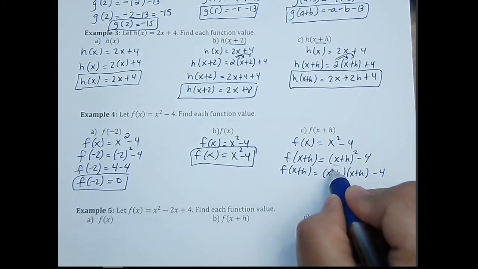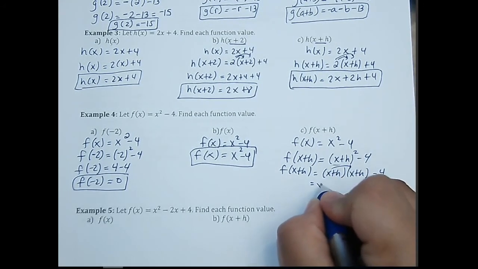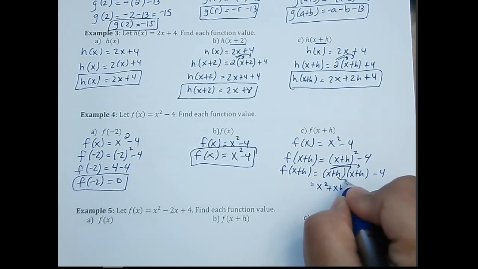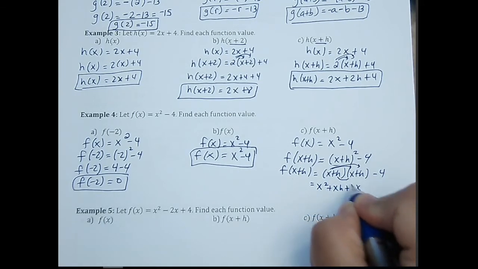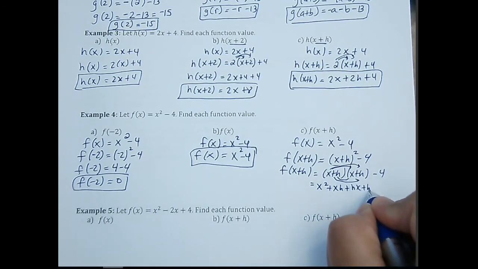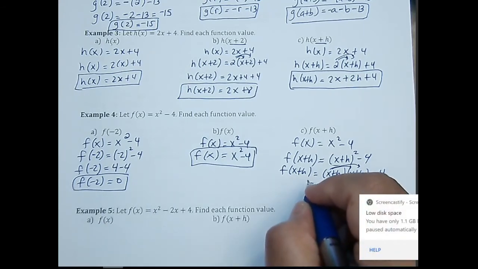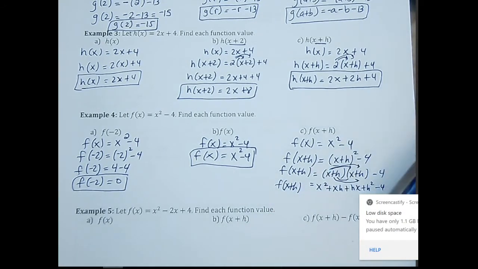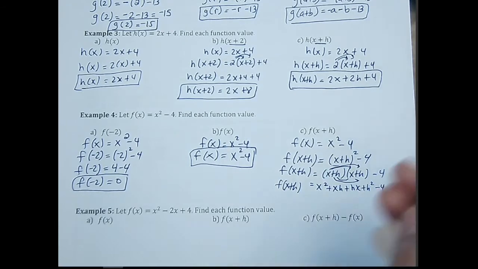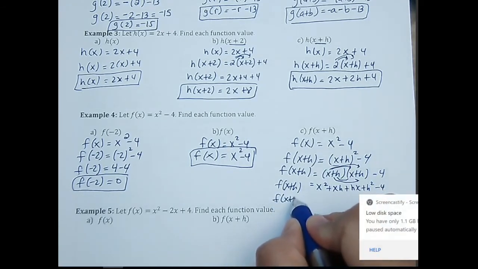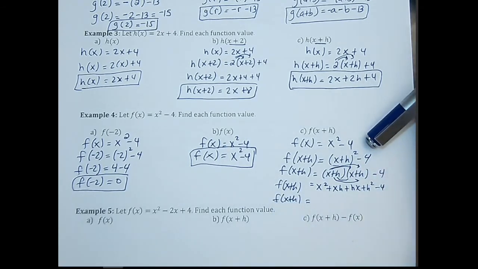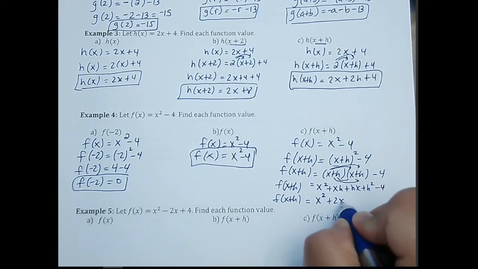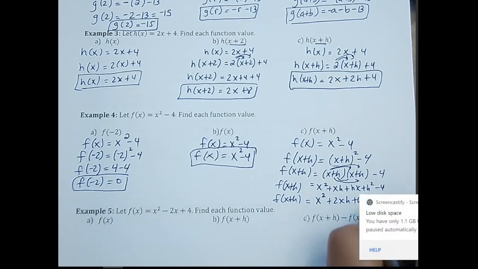So we can distribute: x times x is x squared, x times h is xh, h times x is hx, h times h is h squared, minus 4. So if we gather our like terms, we're going to have x squared plus 2xh plus h squared minus 4.